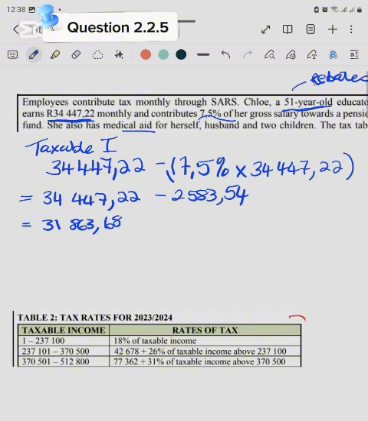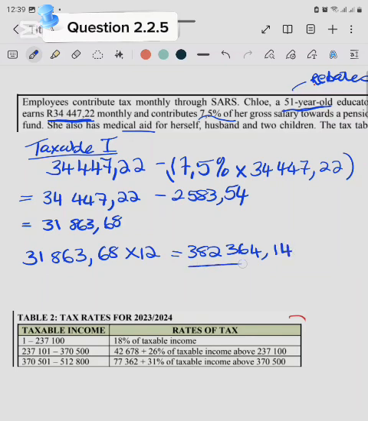And then because this is now monthly, and we know when we're working with tax tables we must go annually, I'm going to multiply my answer by 12 to get my annual taxable income. 382,364.14. Okay, and that is now taxable income.